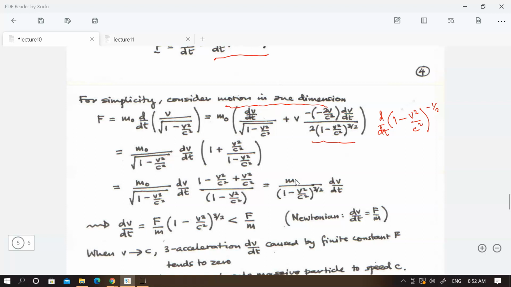So you get 1 over square root of 1 minus v squared on c squared times dv/dt. Then this one becomes 1, and this one becomes v squared on c squared divided by 1 minus v squared on c squared. You can try to simplify this, and in the end you get this one, which cancels out the v squared on c squared on top, and you are left with this term.